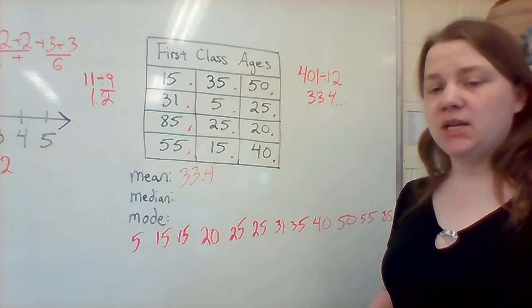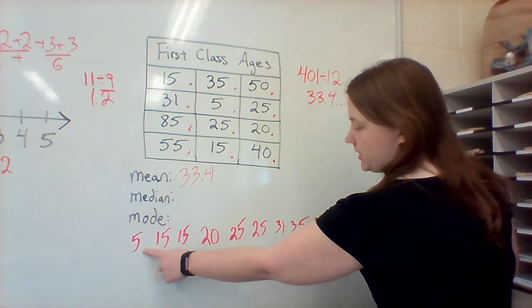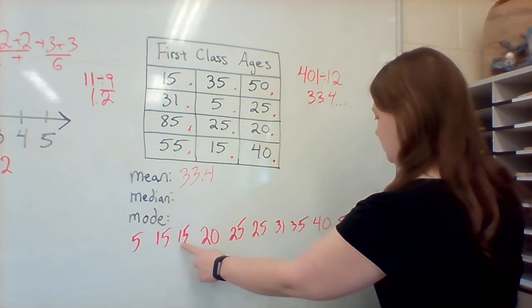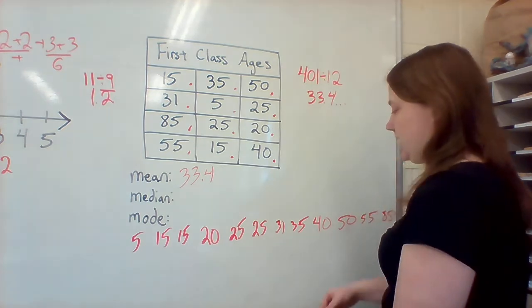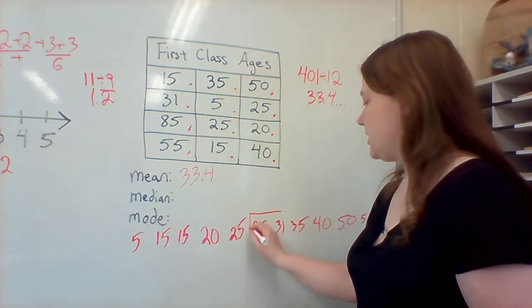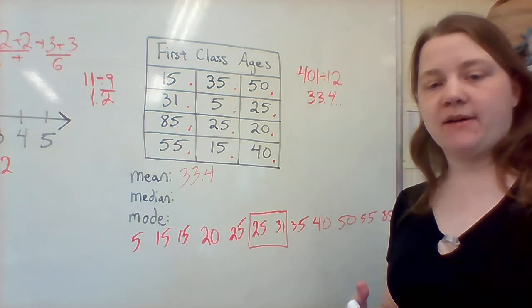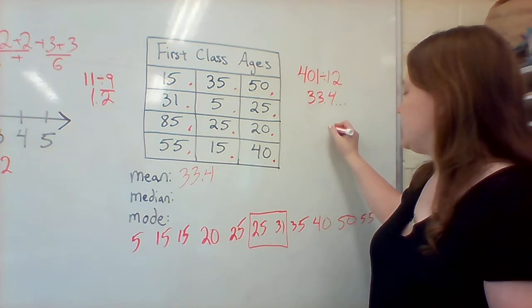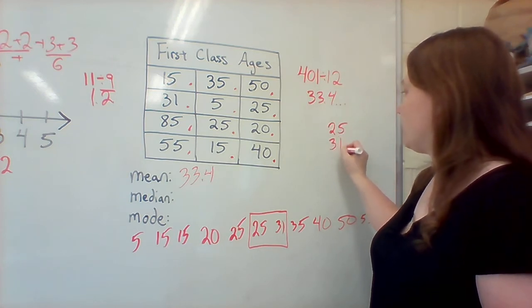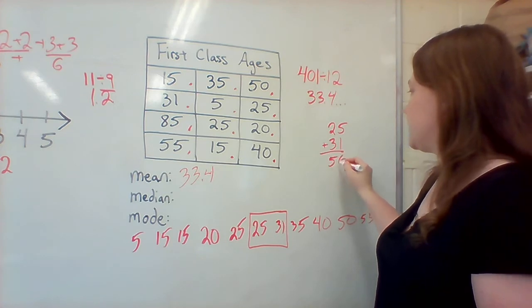In order to find the median, I'm going to start at the beginning and the end and keep going down. Go in, go in, go in, go in, go in. And I see that I have 2 numbers in the middle. Because I have 2 numbers in the middle, I have to find the mean of these 2 numbers. So I need to add 25 plus 31. 25 plus 31 is going to be 56.